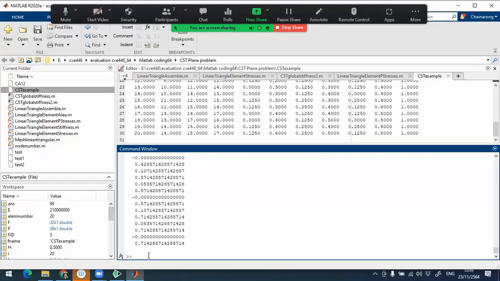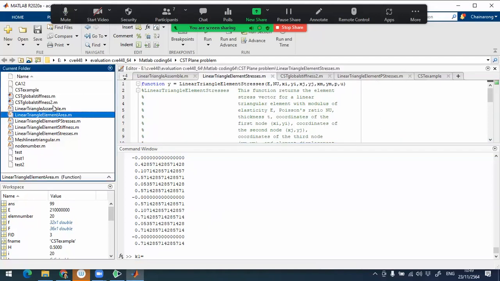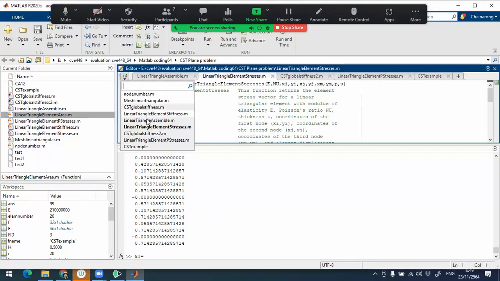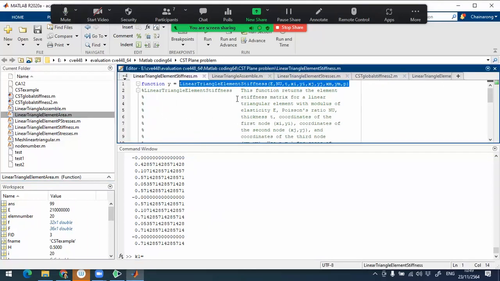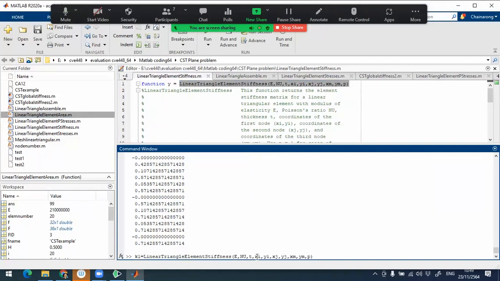Okay, then we should use K1. K1 is equal to what? K1 in this case, I will do it again.